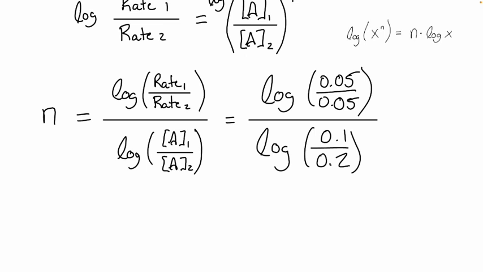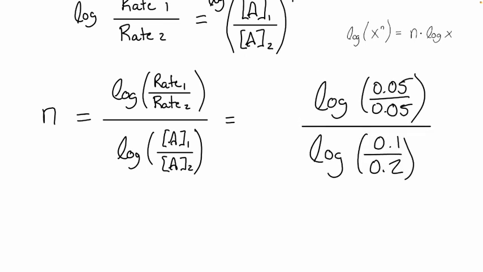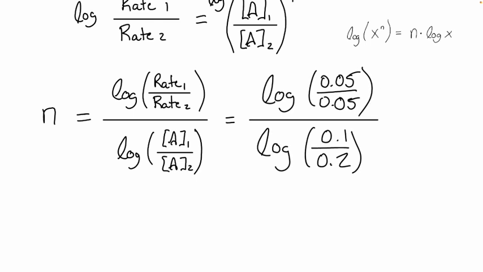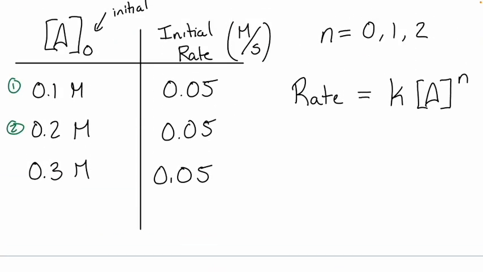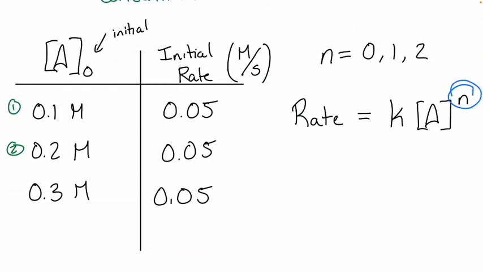This is the log of 1.05 divided by 0.05. And the log of 1 is just 0, which is how we get a rate order of 0 for this reaction. Okay, so we've determined our value for n here.